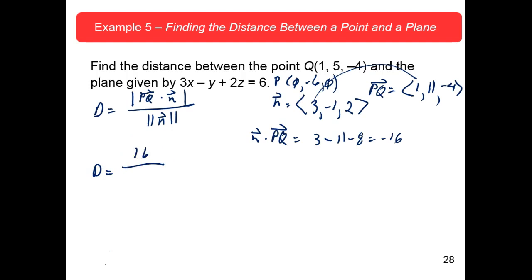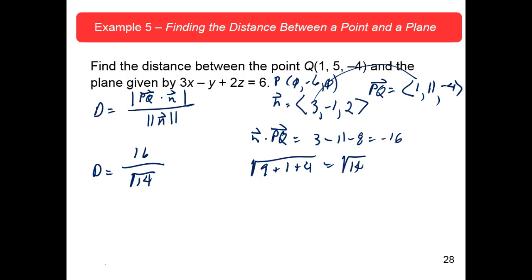Oh, how do we get that? Square root of 9 plus 1 plus 4. Square root of 14. There's the distance.